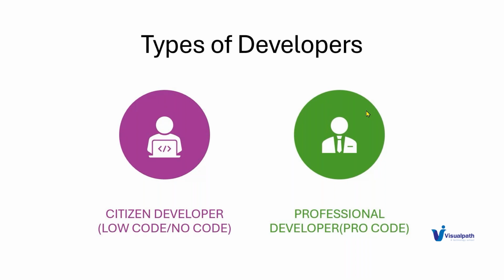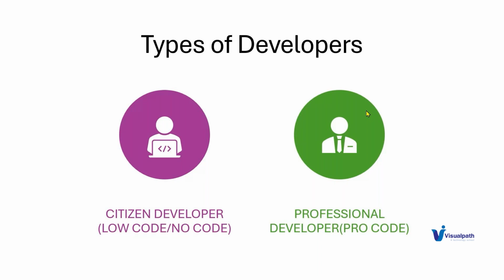It means you are a developer with an education background in IT or a computer related stream, and you are working on all the technologies where you utilize full code.